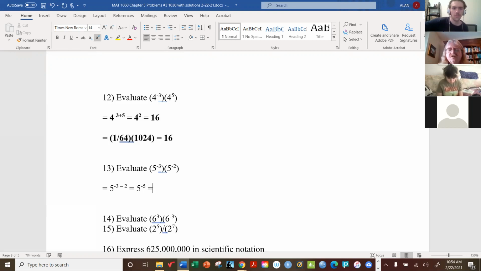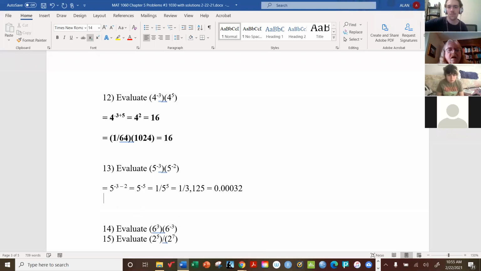So what you could do is simply rewrite this as 1 over 5 to the 5th, which is 1 over 3125. And if you write it as a decimal, it'll be 0.00032. The other option would have been to put it as 1 over, now 5 cubed is 125 times 1 over 25.